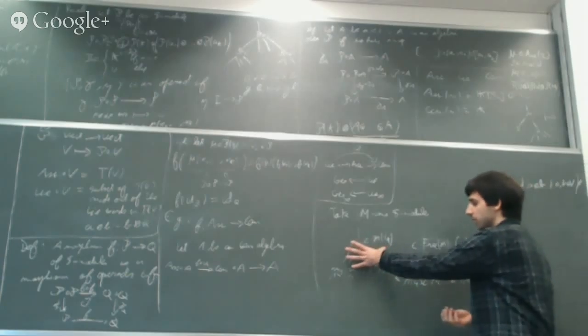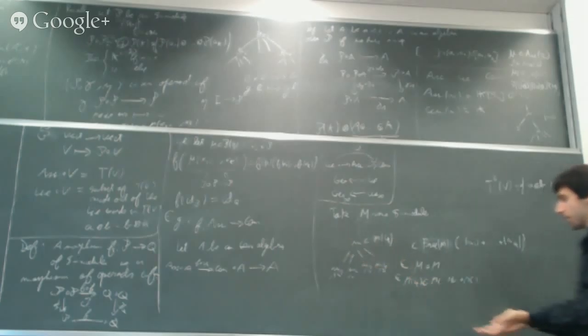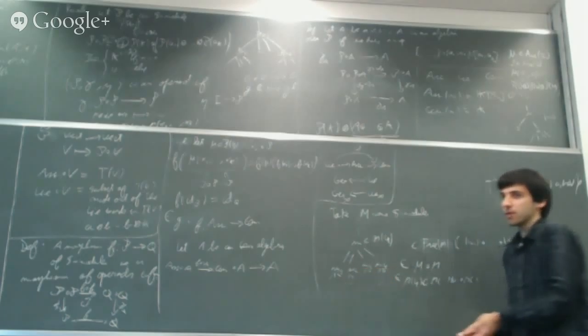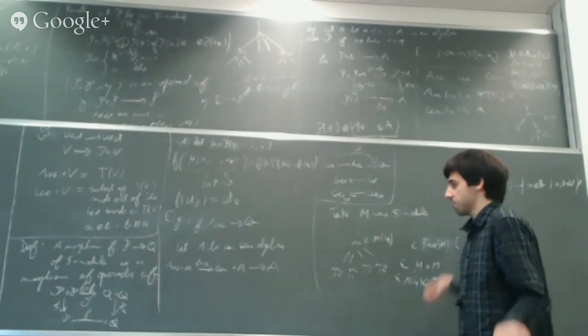But then you want to compose things here with some other things. So you need more compositions. And what do you mean by composition? By imposing no relations, this is just depicting a tree.